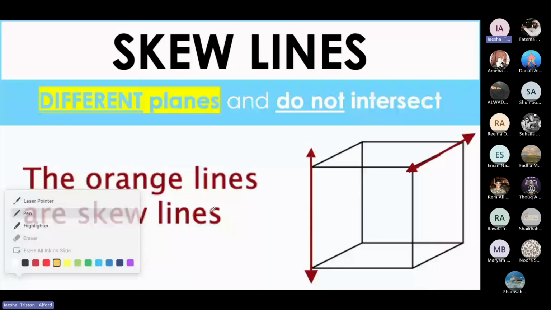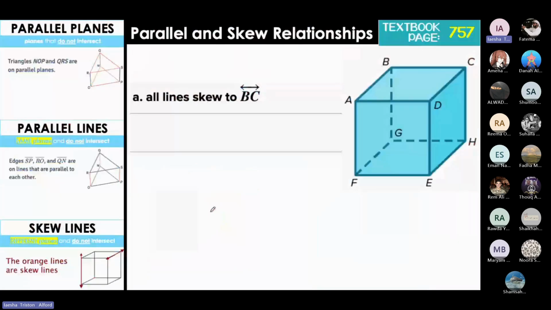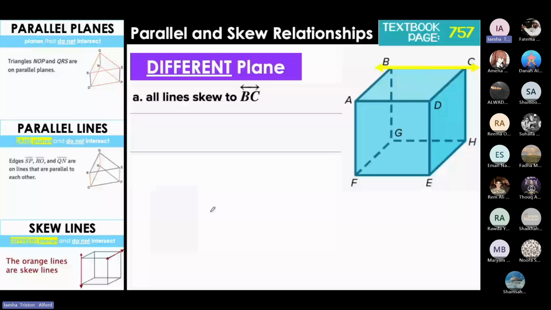So here, what is skew with line BC? It should be in a different plane. What lines are in a different plane? Anybody remember? What lines are skew, not touching BC?